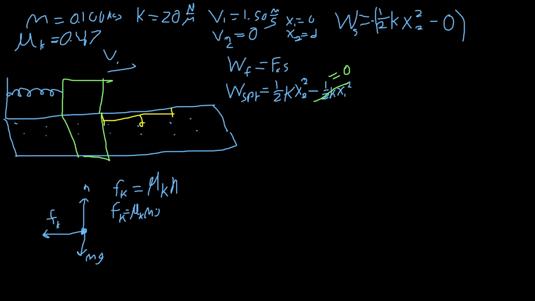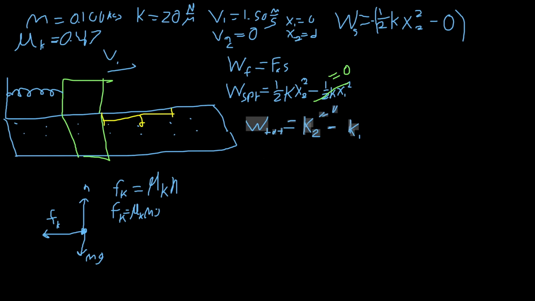And we'll use our work-energy theorem from before. So you have the total work, which is the sum of the friction work and the spring work, equals the change in kinetic energy. And you already know that it's going to be the final, which is 0, minus the initial, whatever the value is going to be. So we're going to have work of the friction.